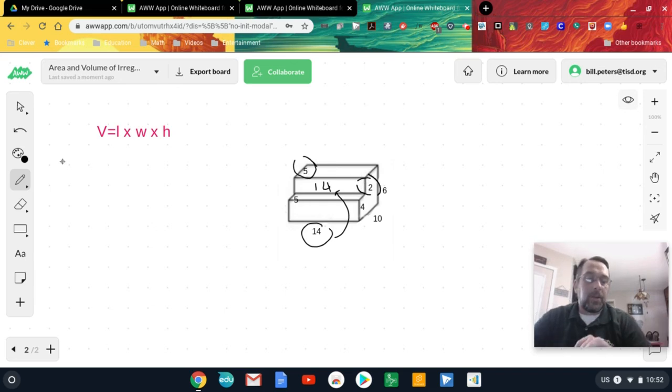What I'm doing, just like I did with area, is separating this into two separate rectangular prisms. So then I will have 5 times 14 times 2.